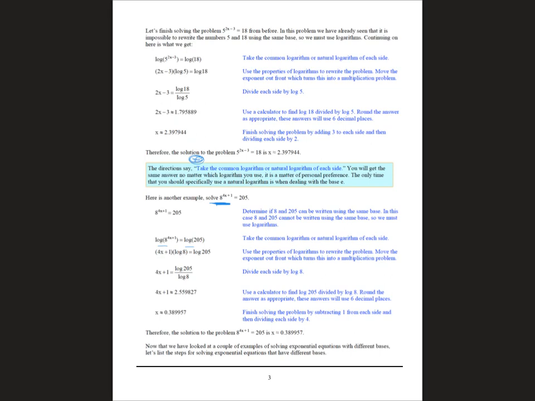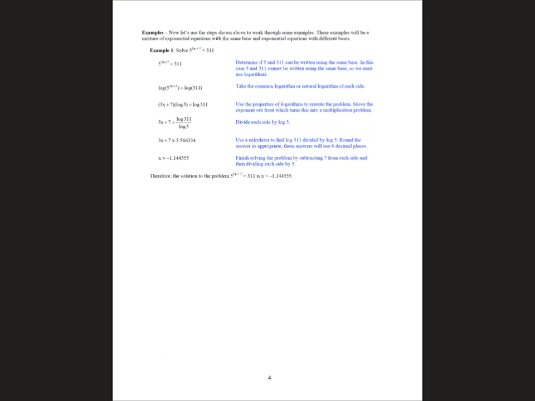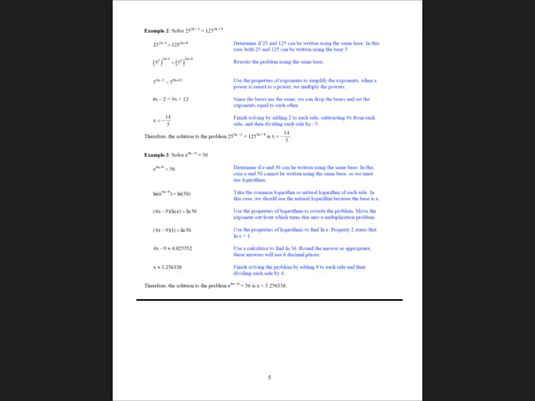But if you're going to log both sides, the base of the log that you are taking of each side must be the same. So here are some examples, and then there is another example. Again, you need to know your properties of logarithms to be able to easily solve these equations.